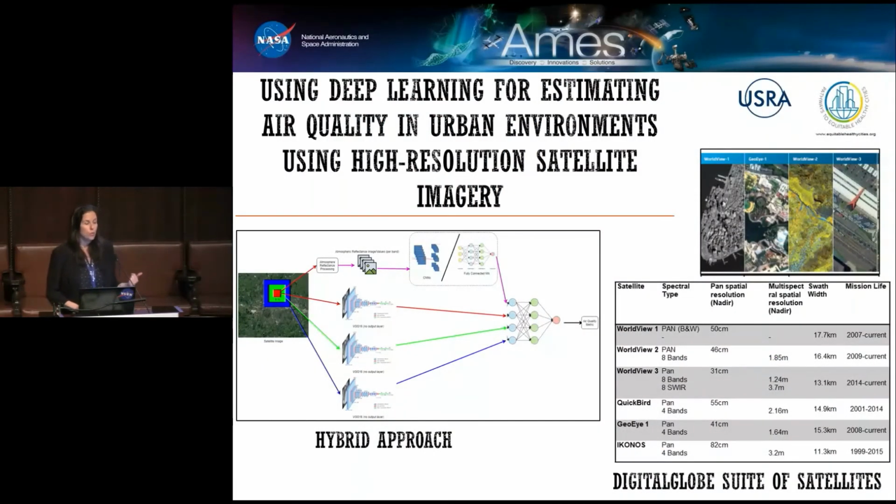So I mentioned the Blue Marble, talking about imagery, and I want to present a project that we're doing with a commercial suite of satellites from Digital Globe, which provide satellite imagery in a very high spatial resolution between 0.5 meter and 3 meters. They have 6 satellites and provide data on a daily basis.